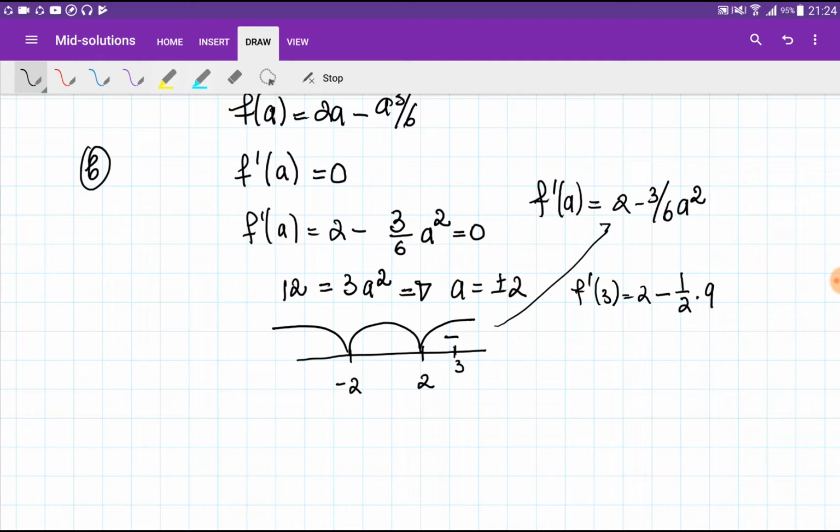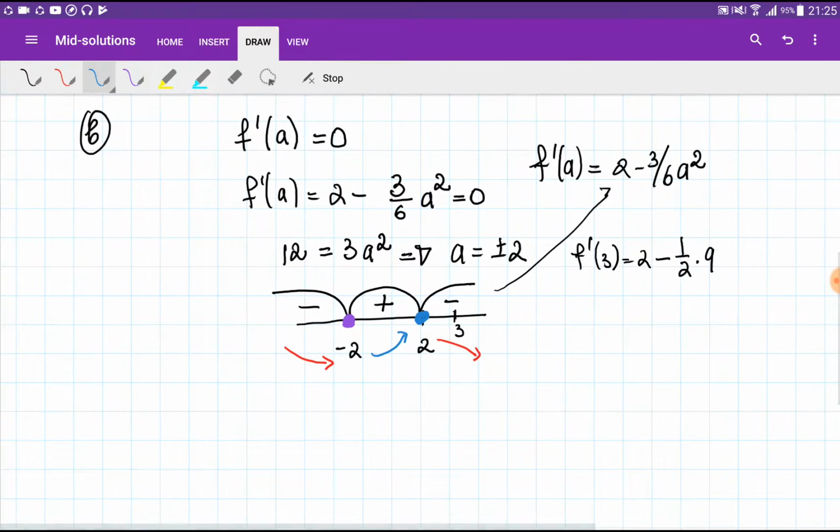So here I will have minus, then here I'll have plus, and then minus. So in this region the function is decreasing, then here it's increasing, then here it's decreasing again, right? So it means that at the point minus 2 it reaches its local minimum, and at the point plus 2 it reaches its local maximum.